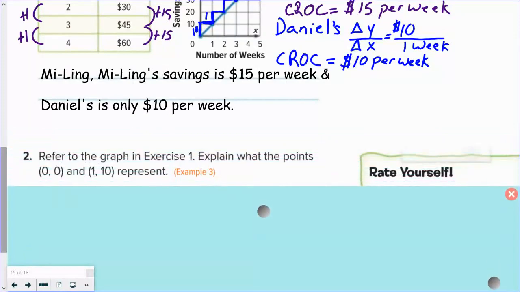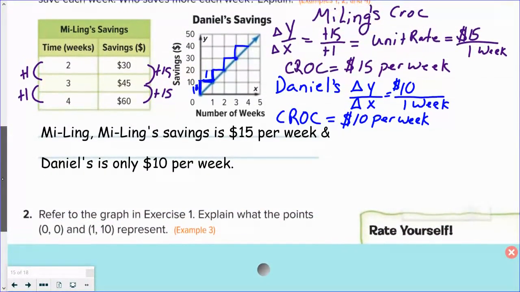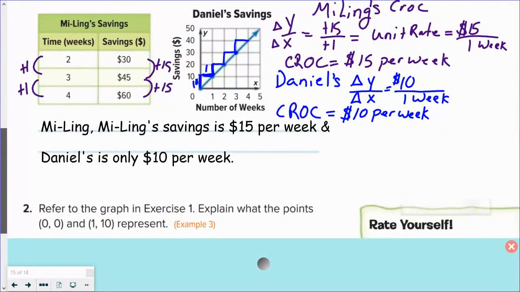All right, so we want to refer to the graph. So we're coming back to the graph, and they want to know, what do the points 0, 0 and 1, 10 represent? Well, remember, we graph data. That is what is being put on here, is the data.